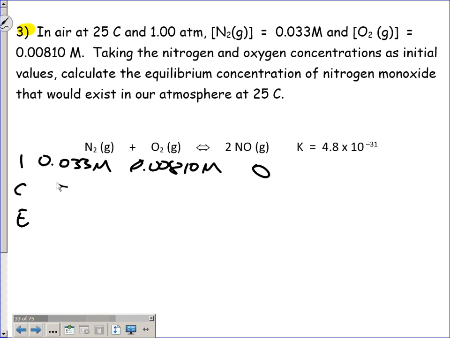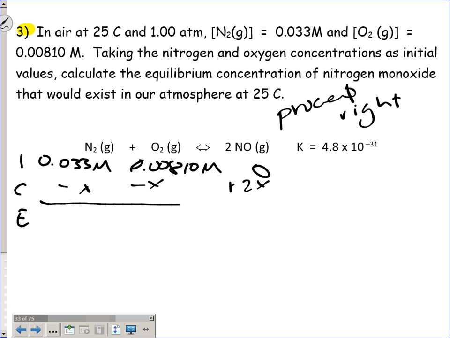You can't subtract from products. You must proceed right. So as you proceed right, you're subtracting from the reactants 1x and 1x because that's their coefficient, and you're adding to the products with respect to its coefficient. So you get 0.033 minus x, 0.00810 minus x, and 2x.